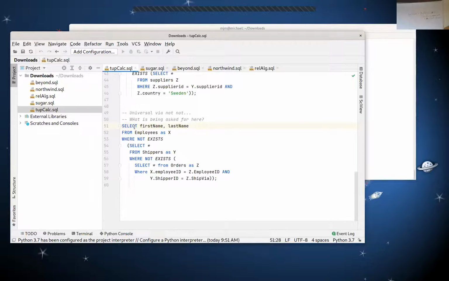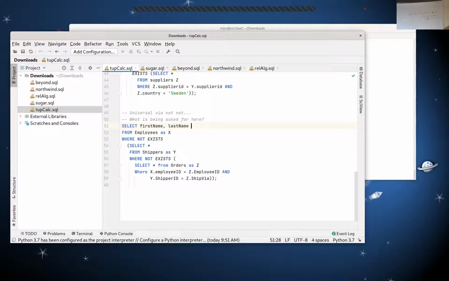So give me the employees where there does not exist a shipper for which the employee did not ship. That's another way of saying, give me the employees that have used all the shippers. So for every shipper, there exists a record of that employee using that shipper. All right, does that make sense?